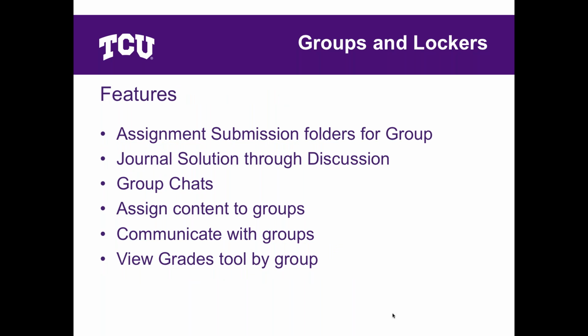So, some basic features. Something that we didn't have in eCollege that we have in this new platform is that there can be one submission folder for a group. So if, for instance, the 3 of us were in a group and we worked together on a paper or presentation, we can designate one person to submit it.